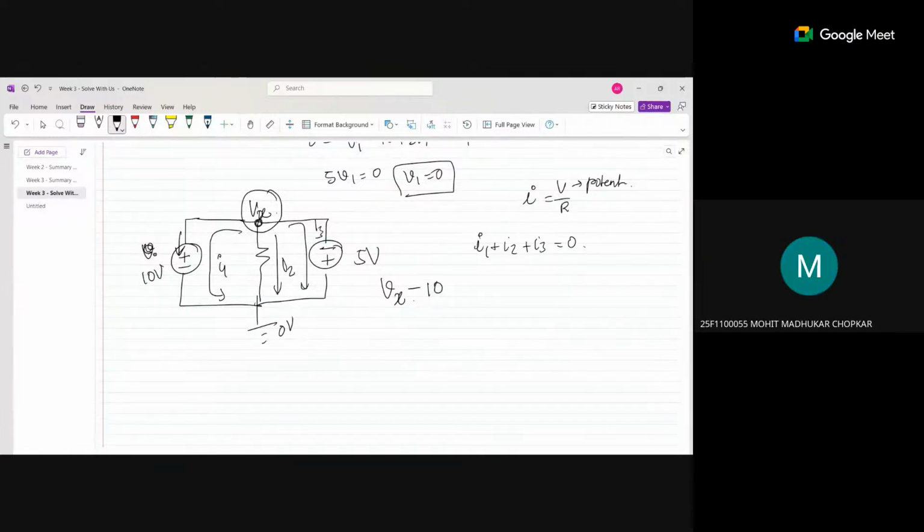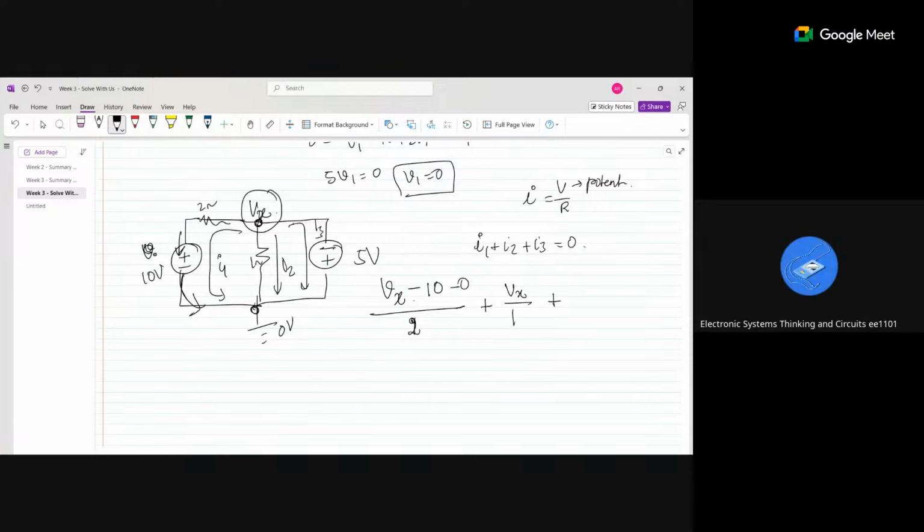It is leaving from minus, so you take it as minus 10. Then at the end, it is 0 volts. So minus 0 divided by R, entering through plus means minus. Am I right? Yes.